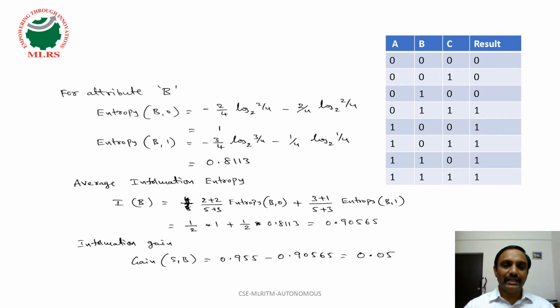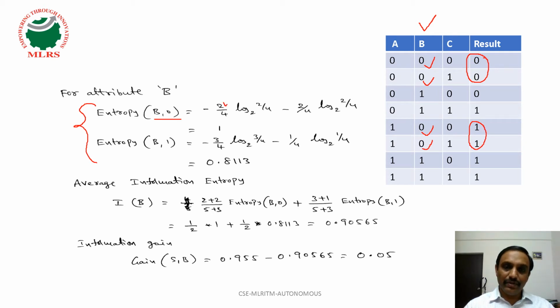Similarly, we have to calculate the information gain of attribute B. For attribute B, first we calculate the entropy of B with value 0, where the 0 value is present. In 4 places it has the 0 value. Out of those 4 places, how many positive and how many negative examples? These two are negative examples and these two are positive examples.